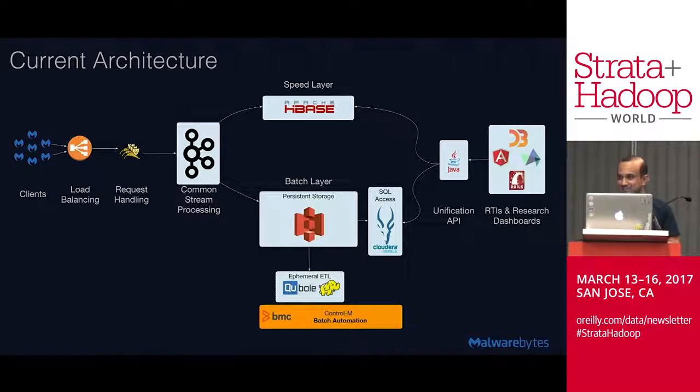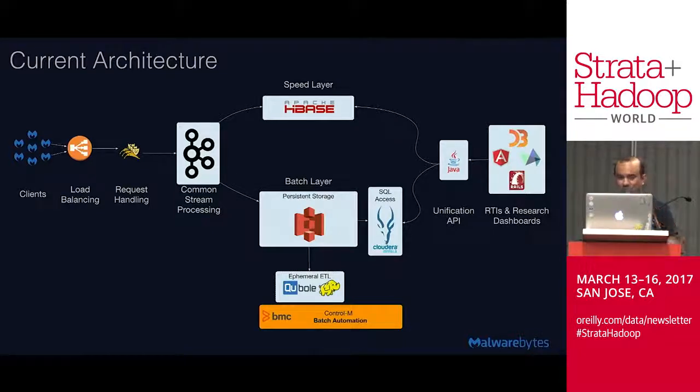So we collect this data set, we send it through Amazon load balancing. We also have our custom API to accept this request, and then we route this through a Kafka topic, and from the Kafka topic we route it to a speed layer through technologies like Kafka Streams and Kafka Connect, and then using HBase we compute all of our real-time indicators.